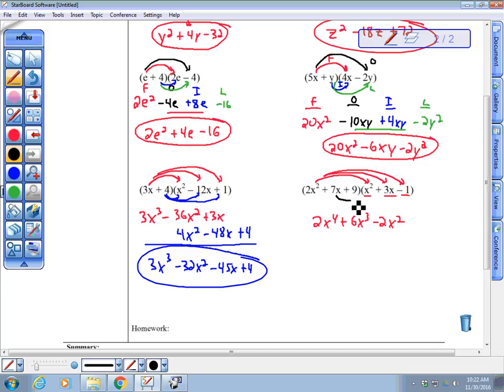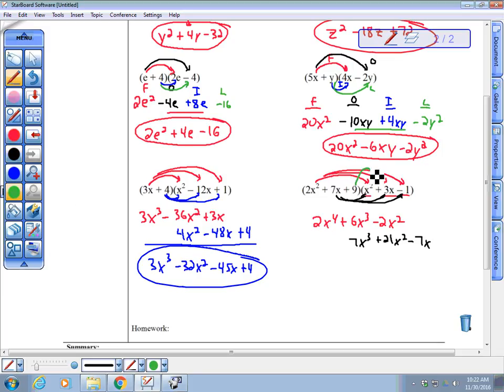Then I'll take that 7x and multiply it throughout the parentheses. 7x times x squared is going to be 7x cubed. 7x times 3x is a plus 21x squared. And 7x times a minus 1 is a minus 7x.